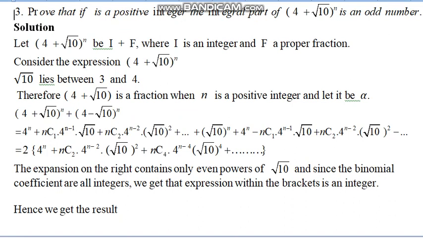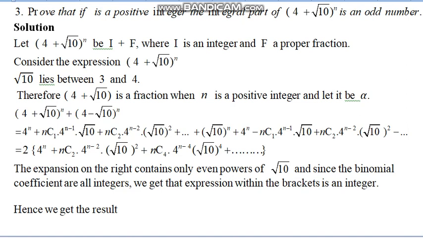Its integral part is an odd number, we need to prove. So first let us take this term as integer plus fraction. So integer I, fraction f. F is a proper fraction and I is an integer.